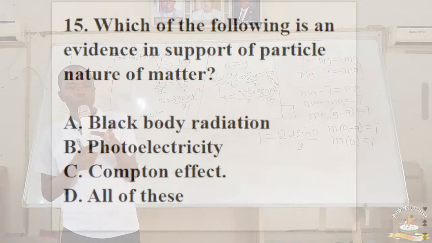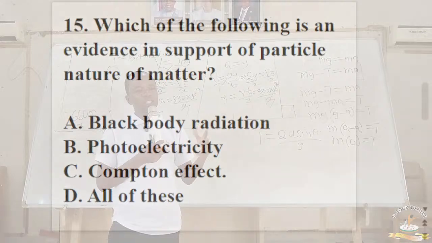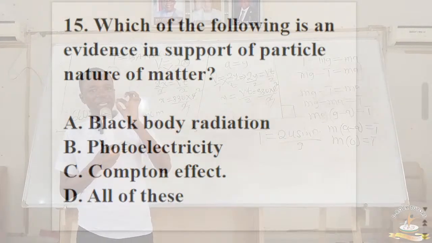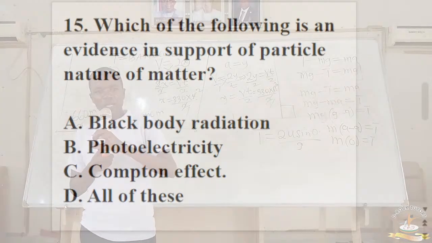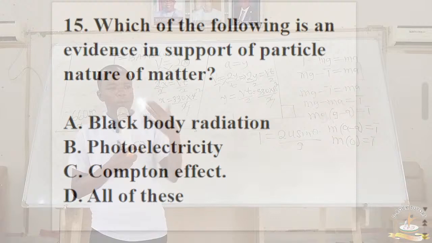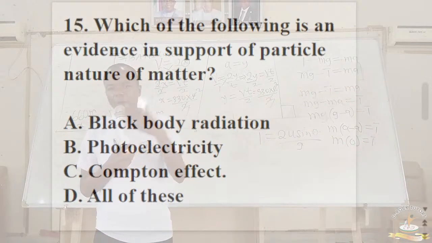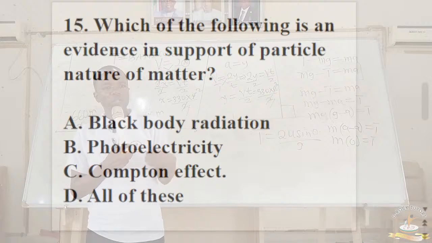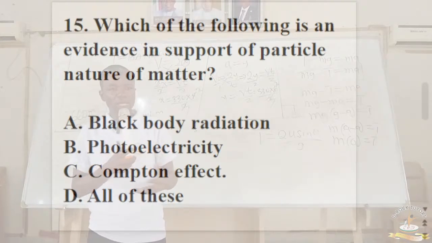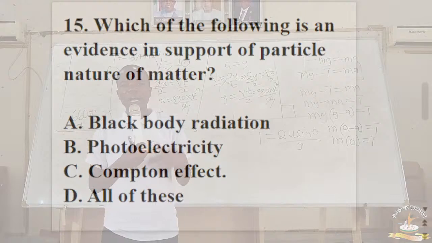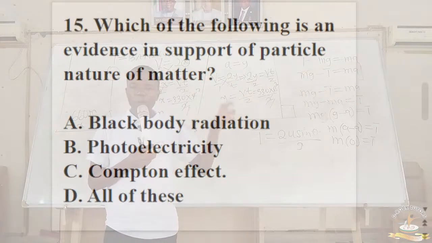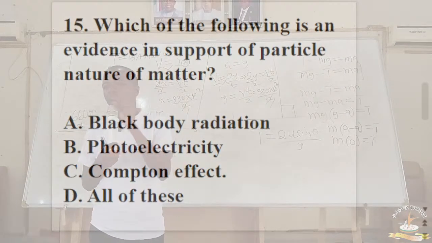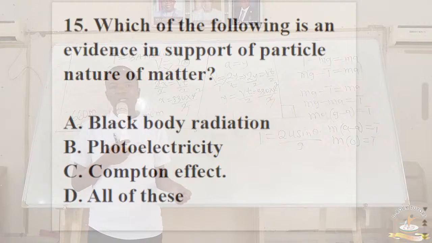Wave-particle paradox or wave-particle duality is an idea that light or matter can behave both as a particle and also as a wave. An example of a matter is electron, which can have both particle characteristics and wave-like characteristics.